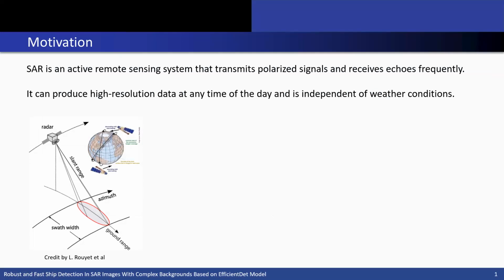Let's begin by explaining what synthetic aperture radar is. Synthetic aperture radar is an active remote sensing system that transmits polarized signals and measures echoes. The two most important properties of this imaging technique are resolution, since it can produce high resolution data at any time of the day, and independence from weather conditions.